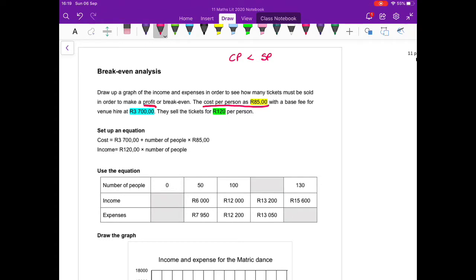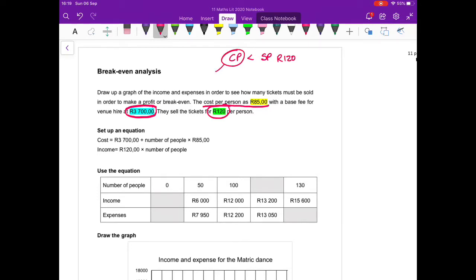You have a base fee. When there is a value that you have to add to the costs, that is called your base fee, and that will be factored into the cost per person, and then they sell the tickets at 120 Rand per person. So the selling price is going to be 120 Rand per person.